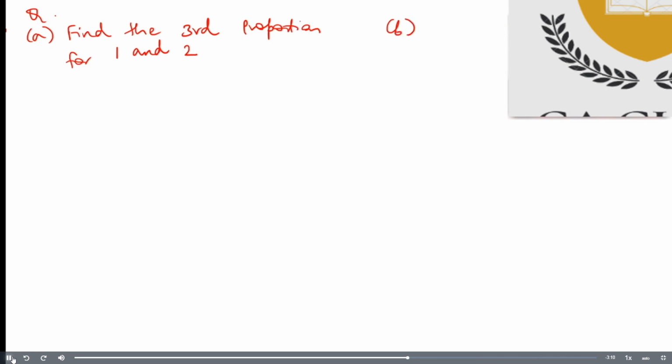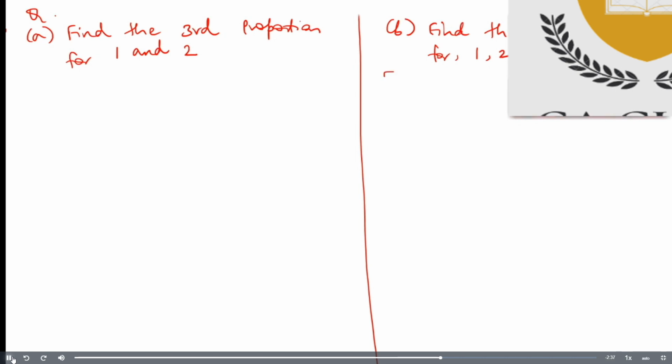The second part of the question is find the third proportion for 1, 2 and 3. They're asking you to find the third proportion.